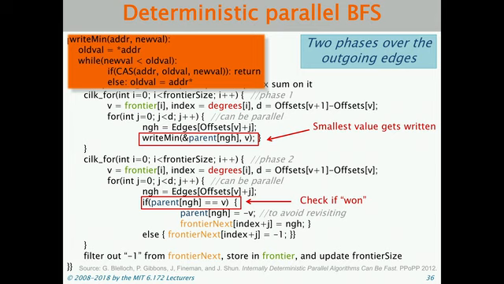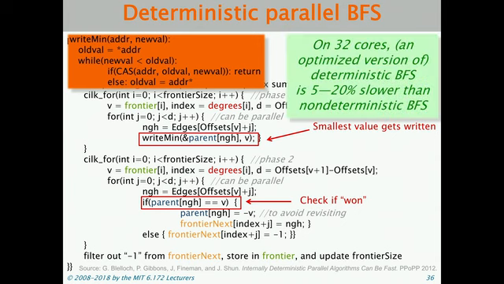So how do you actually implement the write min operation? It turns out you can implement this using a loop with a compare and swap. Write min takes as input 2 arguments, the memory address that we're trying to update and the new value that we want to write to that address. We're first going to set old val equal to the value at that memory address. And we're going to check if new val is less than old val.